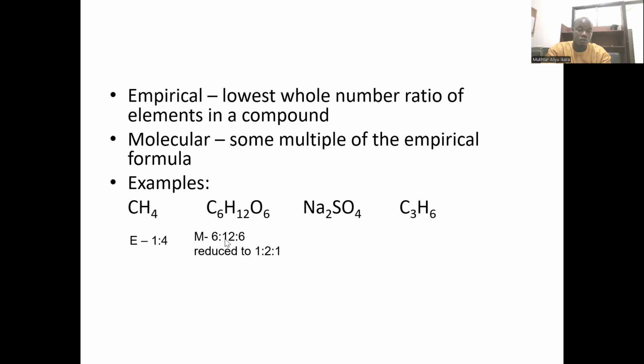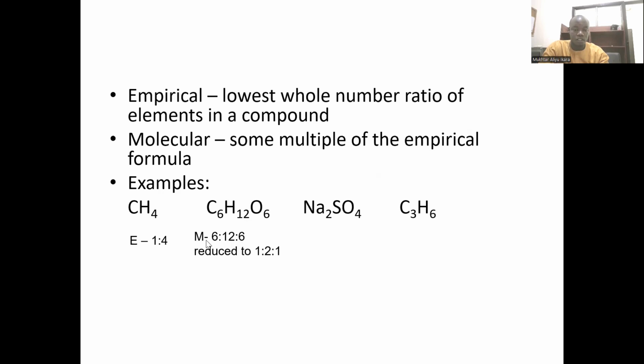And of course for the molecular formula, this is the molecular formula of glucose, which is C6H12O6. We can see clearly that the ratio is 6:12:6. But you can reduce it to the empirical formula.